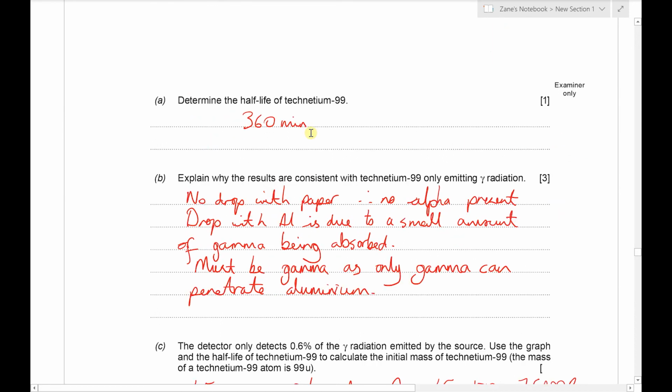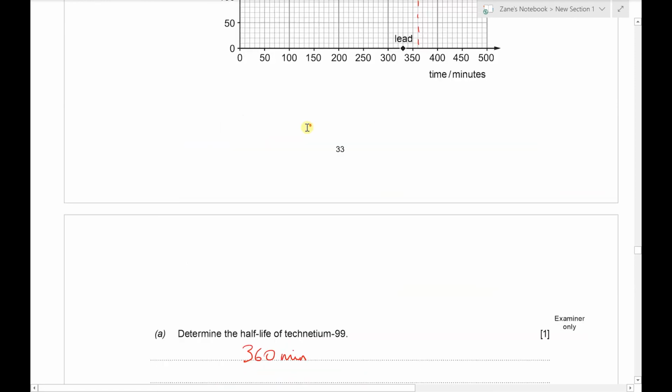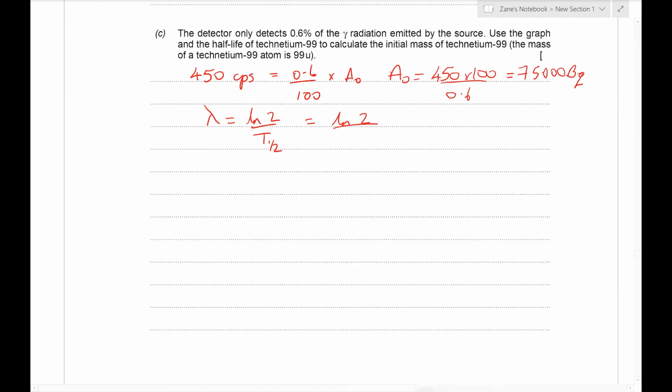So we went for 360 minutes. Let's just double check that. Yeah, 360 minutes. But we've got to turn those minutes into seconds. So that gives us a decay constant of about 3.2 times 10 to the minus 5 per second.